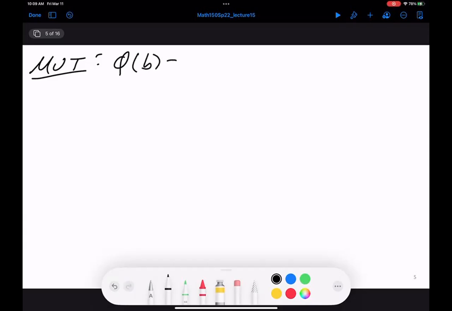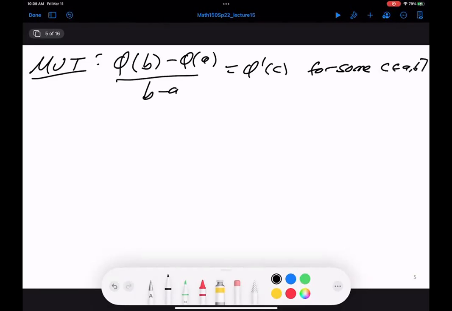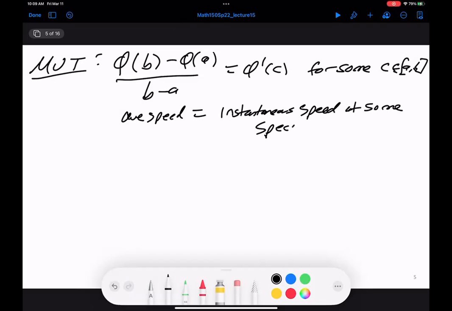Phi of b minus phi of a over b minus a equals phi prime of c for some c in the interval a, b. So you give me a nice function: the average speed equals the instantaneous speed at some special point.